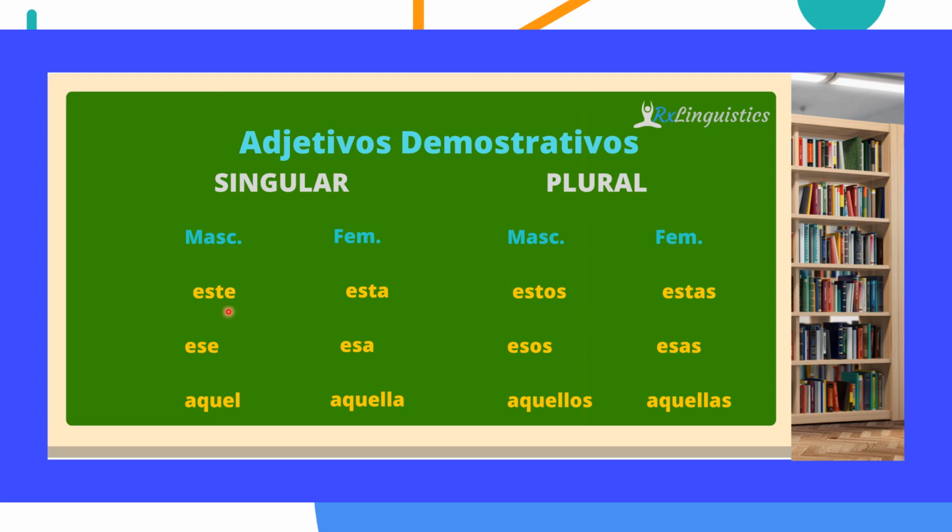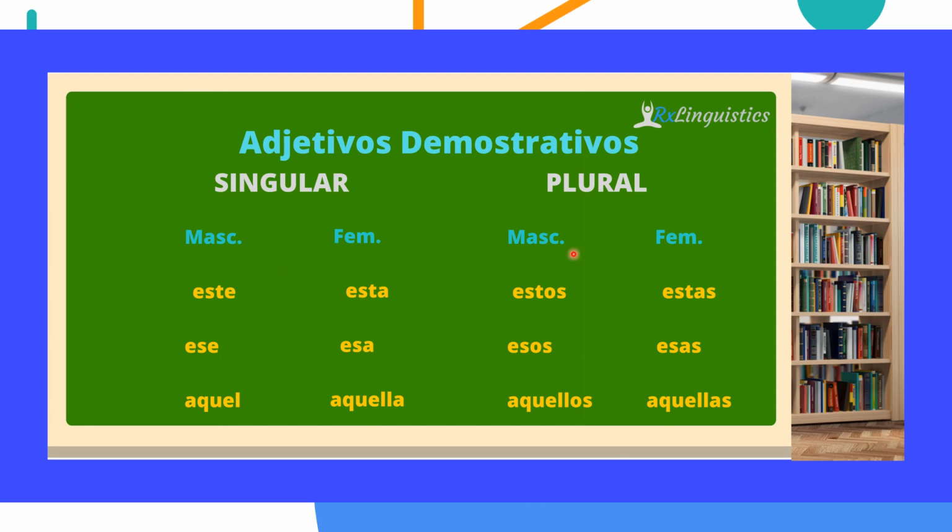That's why we have 12 forms instead of 6 in English. In English you have this, that, and that over there. That's three. And you have these, those, and those over there. That's another set of three. So that's six total. But in Spanish, because of the feminine gender, you have six more.